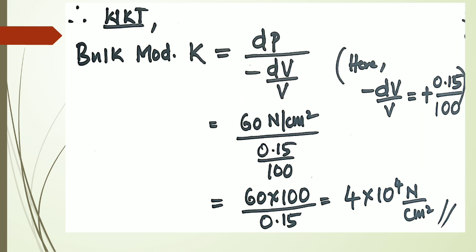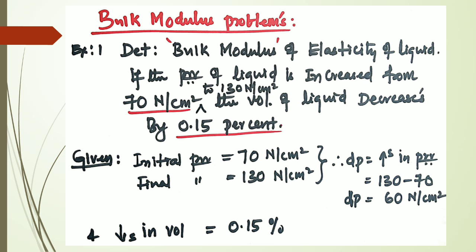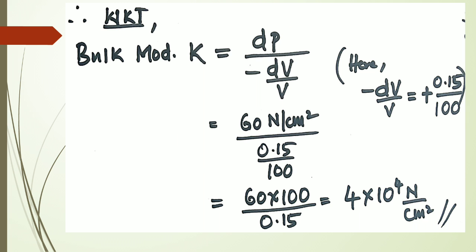So minus into minus gives plus, and the value is 0.15 divided by 100. That is how dV by V comes into the picture.